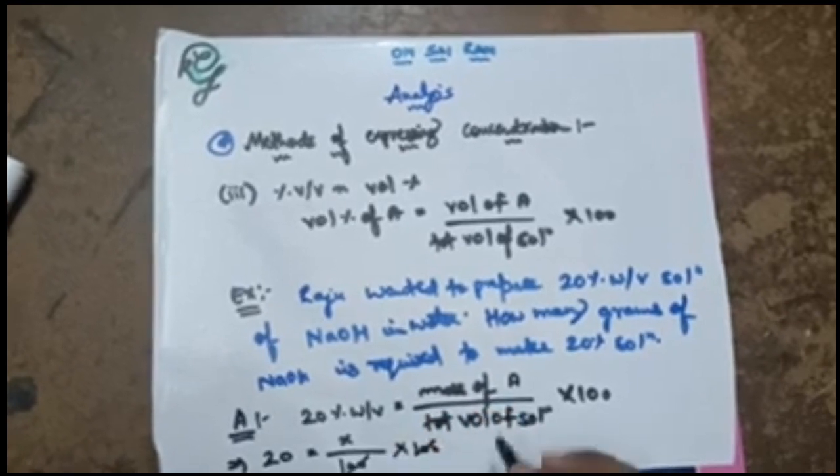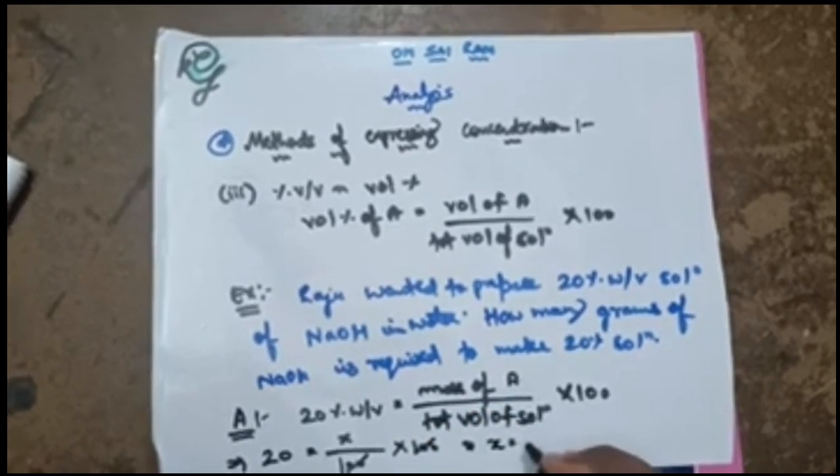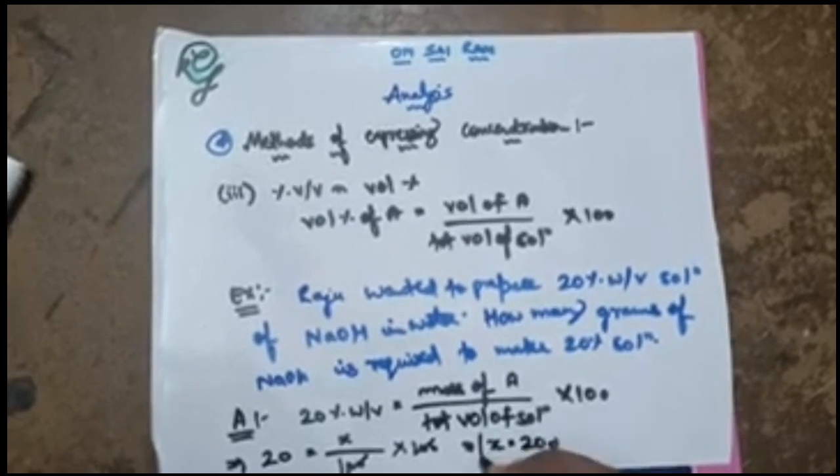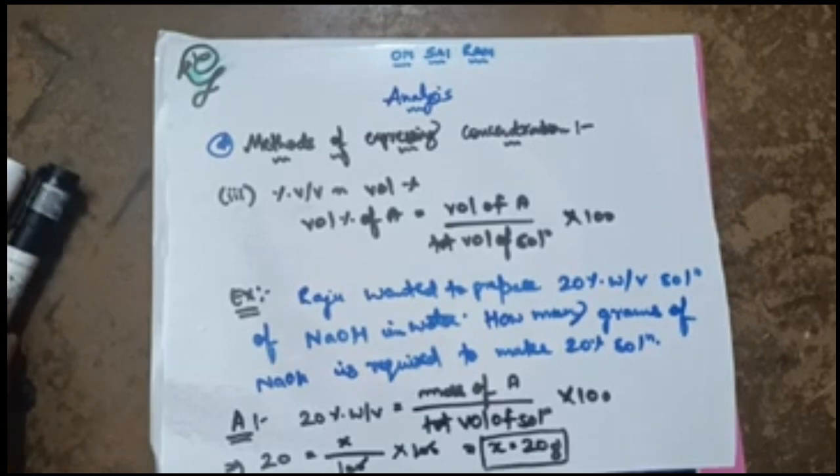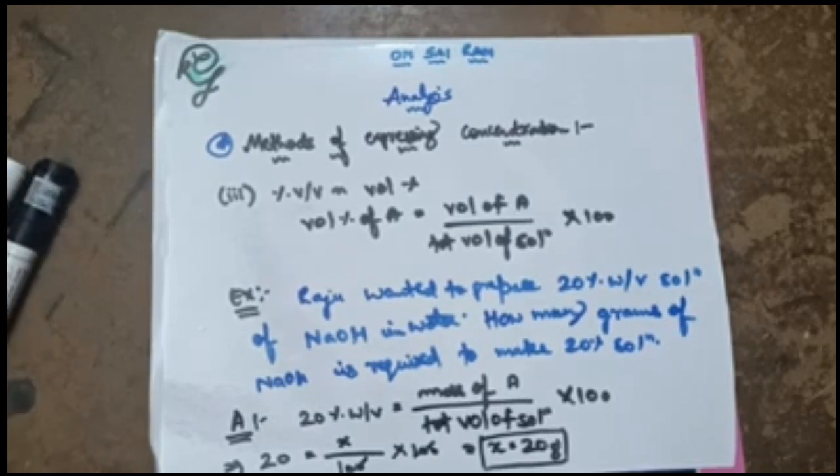This 100 gets cancelled, and X is 20 grams. So 20 grams of sodium hydroxide is required to prepare 100 ml of 20% NaOH solution. I hope you got percent solutions very easily. In the last I'll summarize all the formulas, just make a note of it.